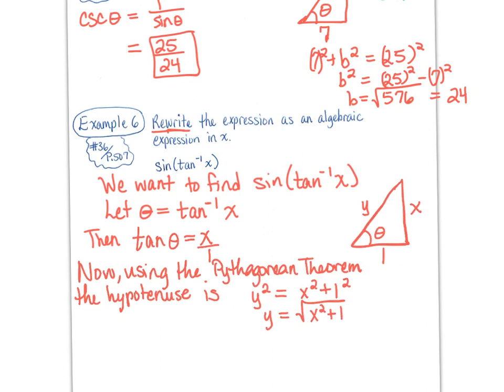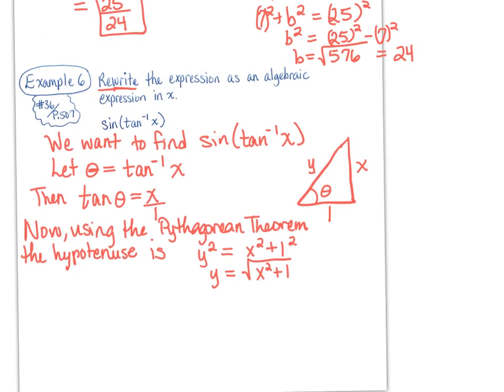Let me tell you why the only one that's correct is the one I wrote down. I heard some people say that it was going to be x plus 1, and then the quantity x plus 1 squared.